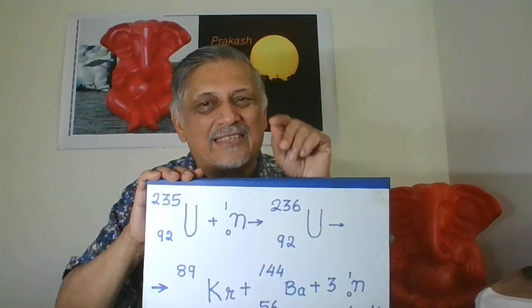And then this mass defect gets multiplied by c squared. C is the velocity of light, which is 3 into 10 raised to 8 meters per second. And this E equal to mc squared: mass defect, c squared is 3 into 10 raised to 8 multiplied by 3 into 10 raised to 8. And all that energy is the one that is given out as nuclear energy in this reaction.